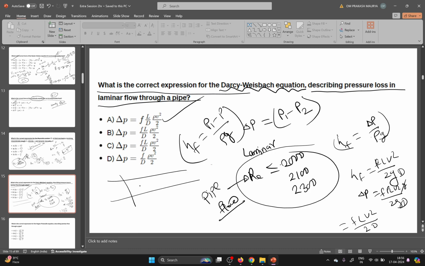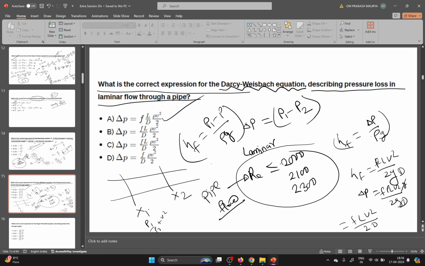If you take the two sections, section 1 and section 2, we write Bernoulli's equation: P1 by rho g plus V1 square by 2g plus Z1 equals P2 by rho g plus V2 square by 2g plus Z2, because at the similar height Z1 and Z2 will be 0. So when you calculate, you will get the answer like that.